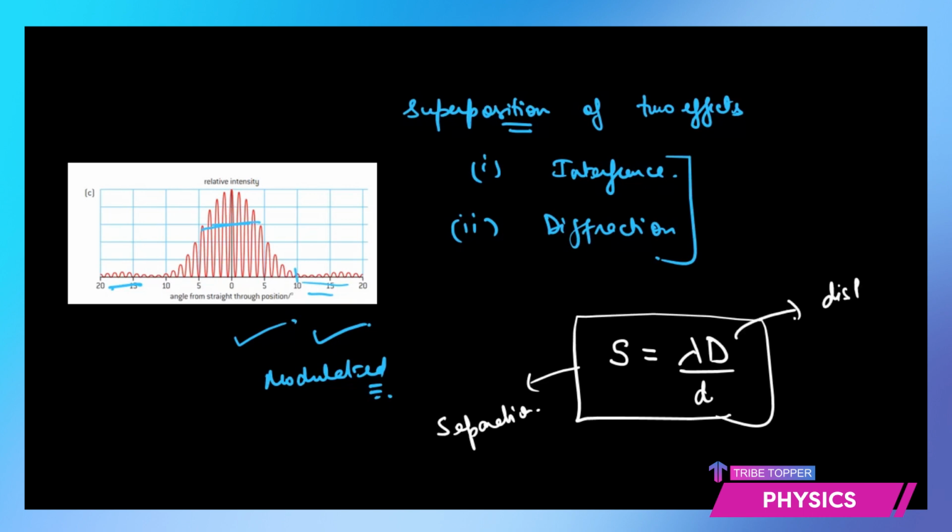Capital D is the distance between the slits and the screen, whereas small d is the distance between the slits itself. Right? So this is how the pattern or the graphical representation changes when you combine the two phenomena.